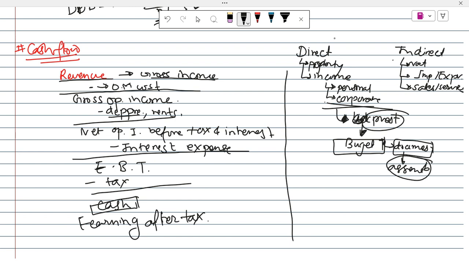So this is how the tax system works in Nepal, the general brief overview. And this is how the general cash flow works for any factory.